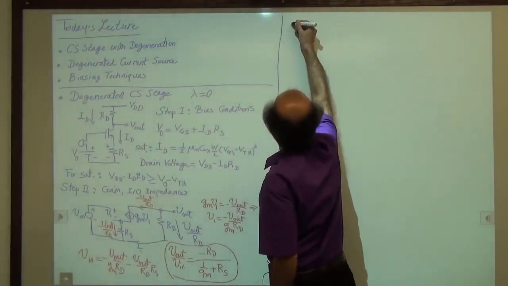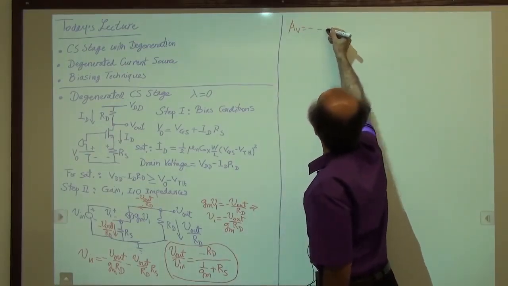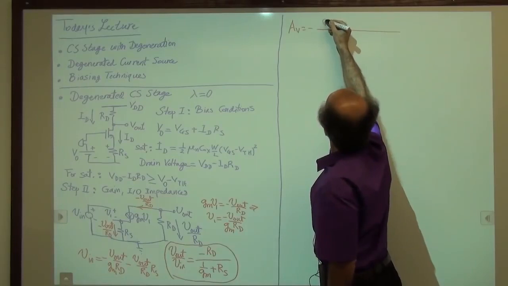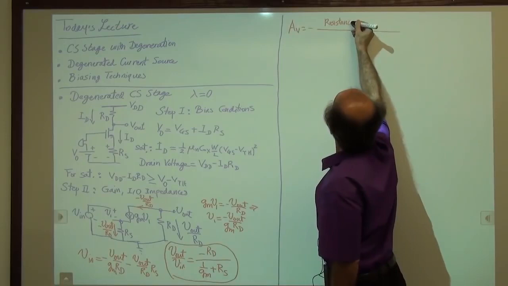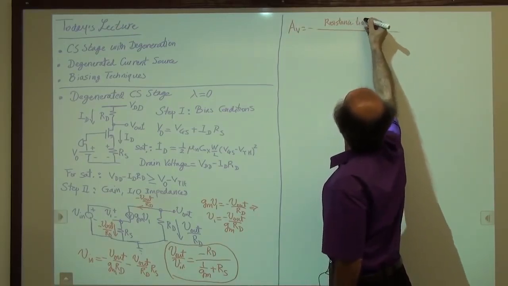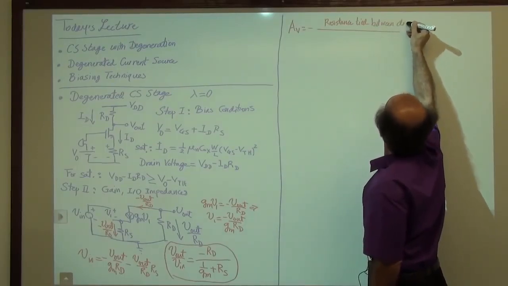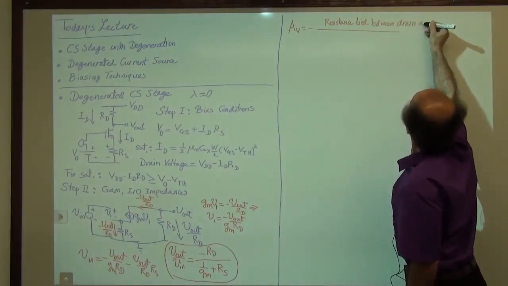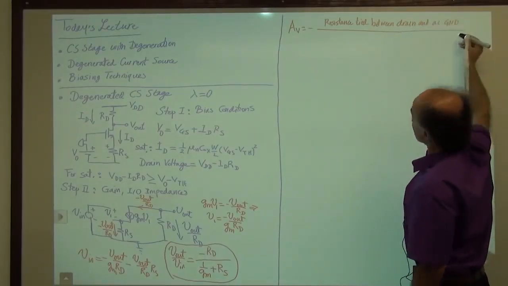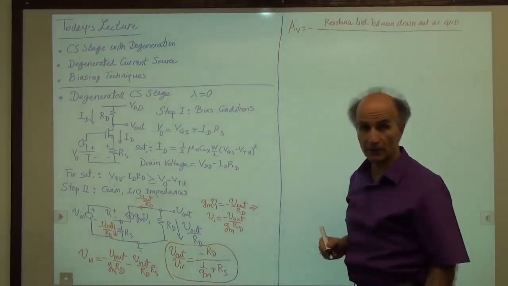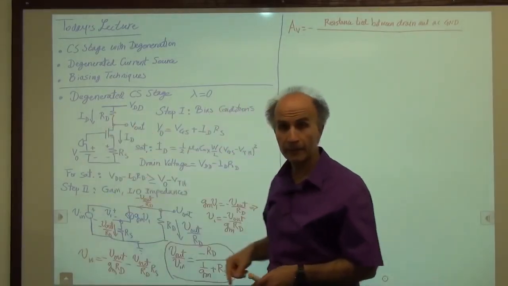We say Av is equal to minus the resistance tied between drain and AC ground. That's what this is, RD, the resistance that is tied between the drain and AC ground, this one.